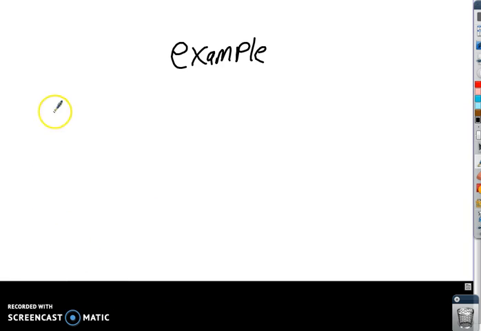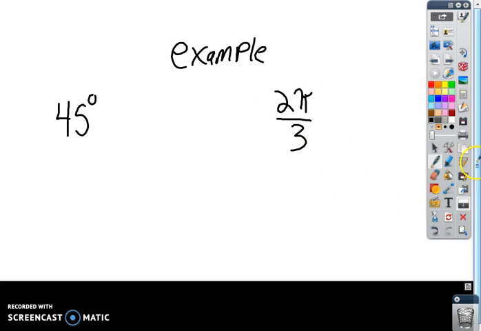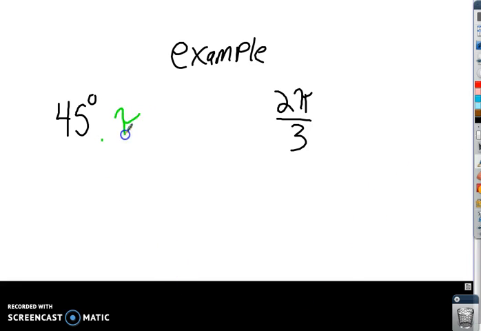So for example, 45 degrees: how do I convert that to radians? And how do I convert 2 pi over 3 radians, which is what you will see, to degrees? Well, in this case, I multiply by the factor of pi over 180.